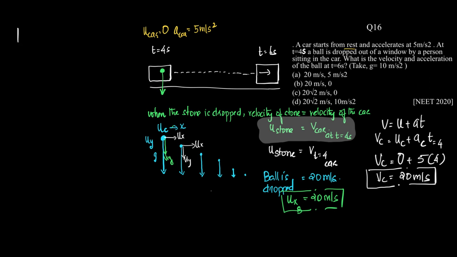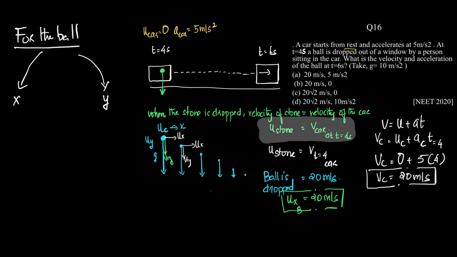For the ball, we can say that there are two coordinates, right? One is the x coordinate and the other is the y coordinate, because it has two components of velocity. So there will be velocity along x and y components, acceleration along x and y components, displacement along x and y components. So we'll write those first.